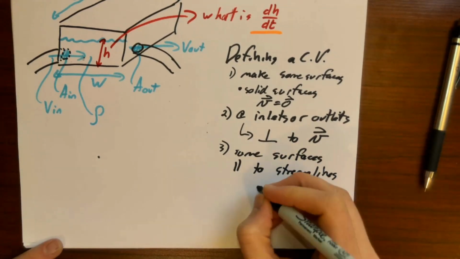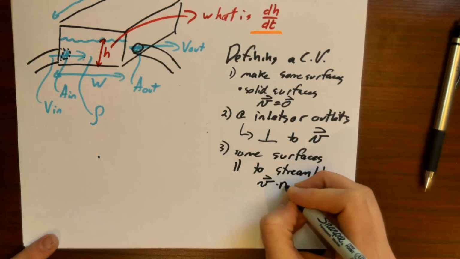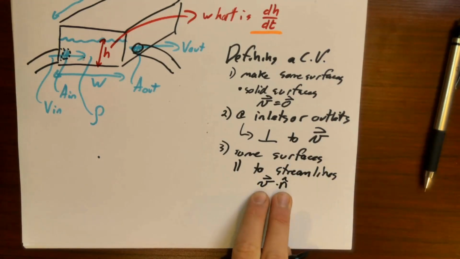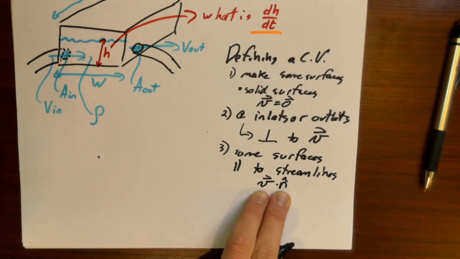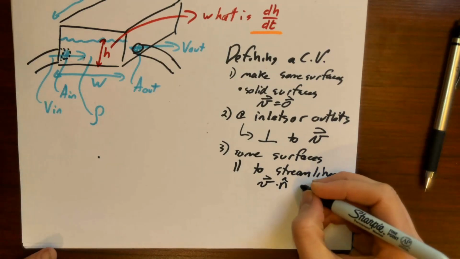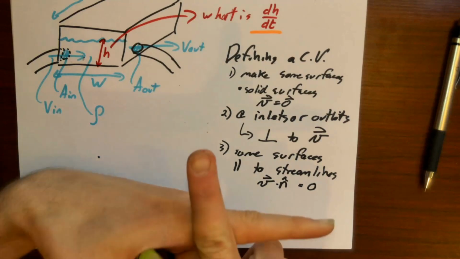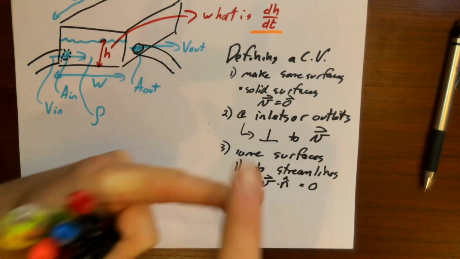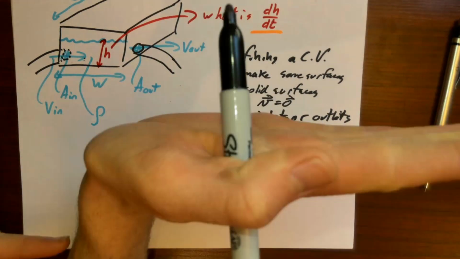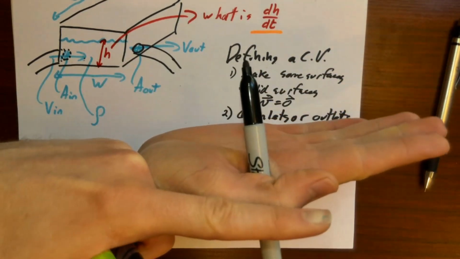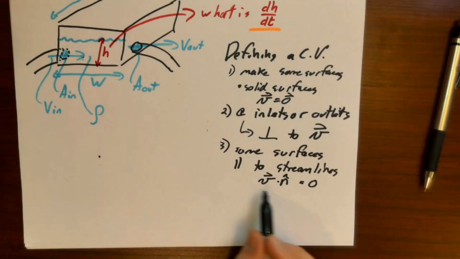If it's parallel to a streamline or to our fluid velocity, then V and N are essentially perpendicular to one another. So if the flow is parallel to a streamline, then V dot N is going to be 0, because V and N are going to be perpendicular to one another if the control surface is coincident with the velocity vector of the fluid.